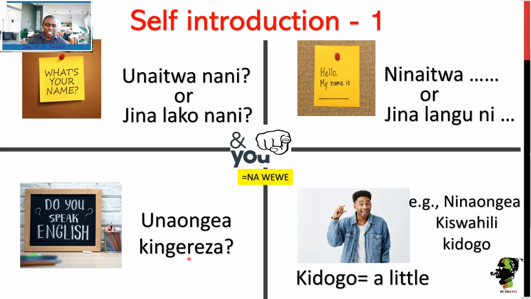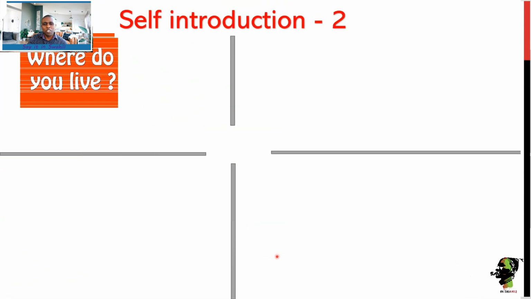Ninaongea Kiingereza kidogo. Any other languages, I don't want to be biased here, but in this case I'll say ninaongea Kiswahili kidogo. Ninaongea Kiingereza kidogo. Perfect. Well done. So if you have any questions, don't hesitate to send us an email and we'll be happy to get back to you. Second part of our self-introduction dialogues.